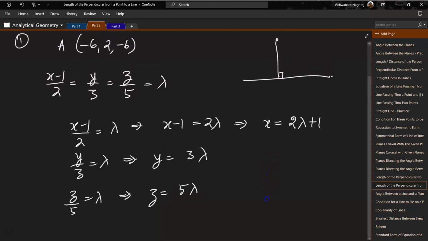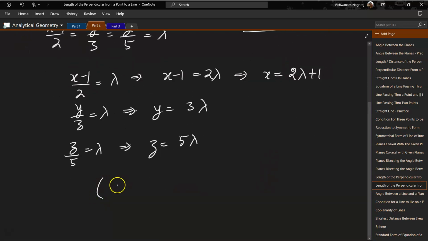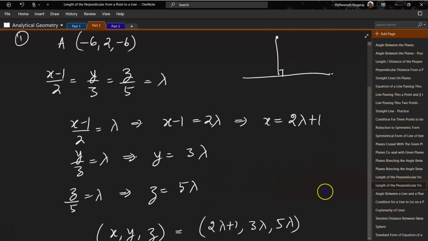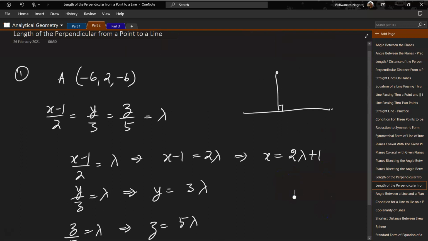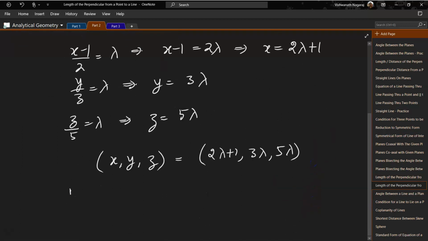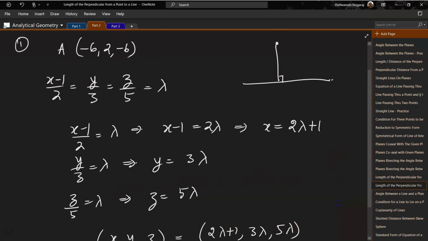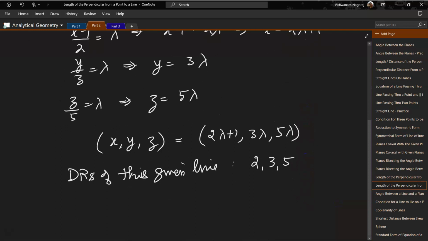So that means this point, that is (x, y, z), is equal to (2 lambda plus 1, 3 lambda, 5 lambda), is a point on this line, right? And the DRs of this line, the given line, are 2, 3 and 5, the denominators. Okay, so we have got the DRs and we have an arbitrary point on that.